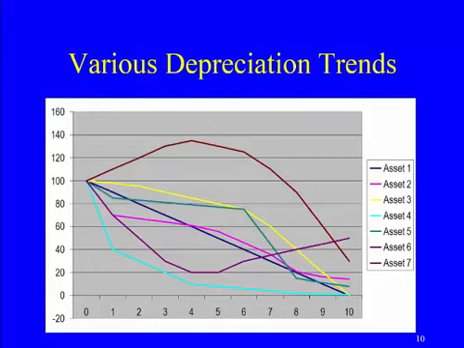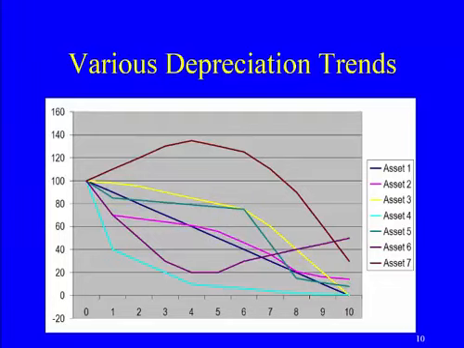What kind of an asset could this represent? Well, in particular, one asset that has this kind of a characteristic is something which appreciates in value over time, but only to a certain point. Thereafter its value falls away.